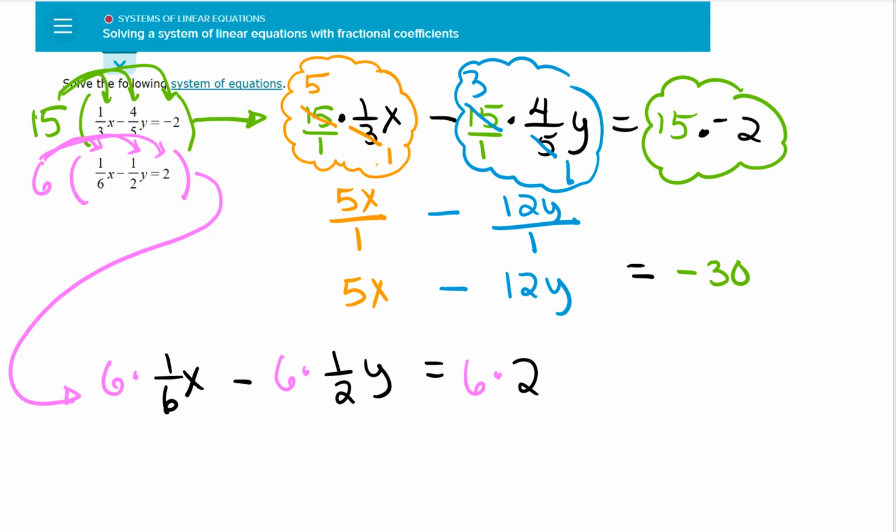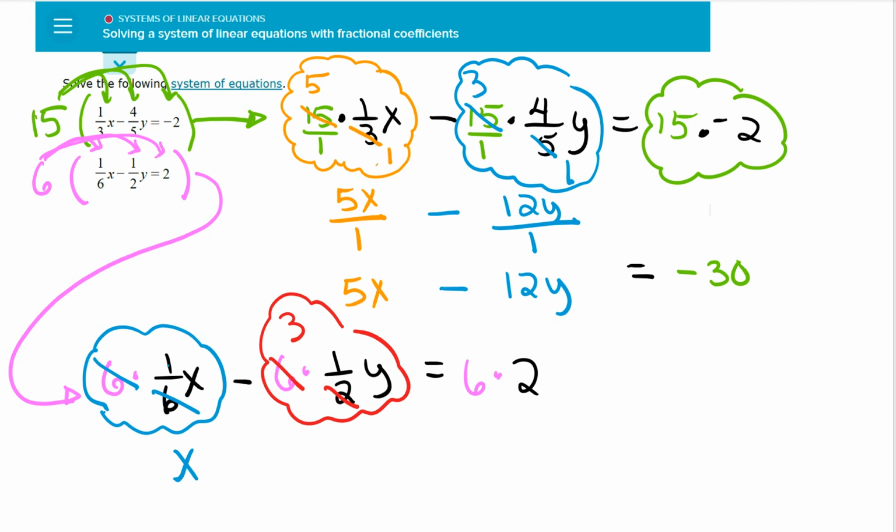All right. And then I'm going to cross cancel. Let's see. On this first one, the 6's just cross cancel. They cancel out. So really what I'm left with is 1 times x, which is just an x. Then on this next one, the 2 cancels into the 6 3 times. So I'm left with a minus 3 times 1y, which is 3y.